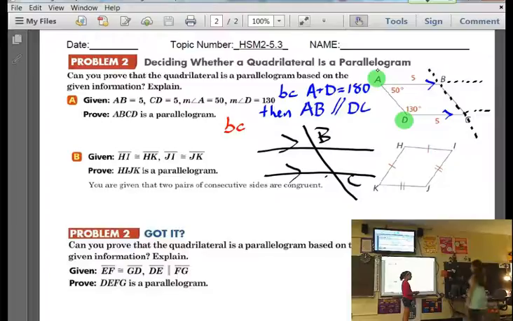So basically I think what you're saying is that this is like a corresponding angle with this? No. Okay, then no. I'm saying we don't know the angle measures, but we know that they're supplementary. How do you know they're supplementary? Because of the alternate interior angles. But how do we know that BC is at the same angle as AD?